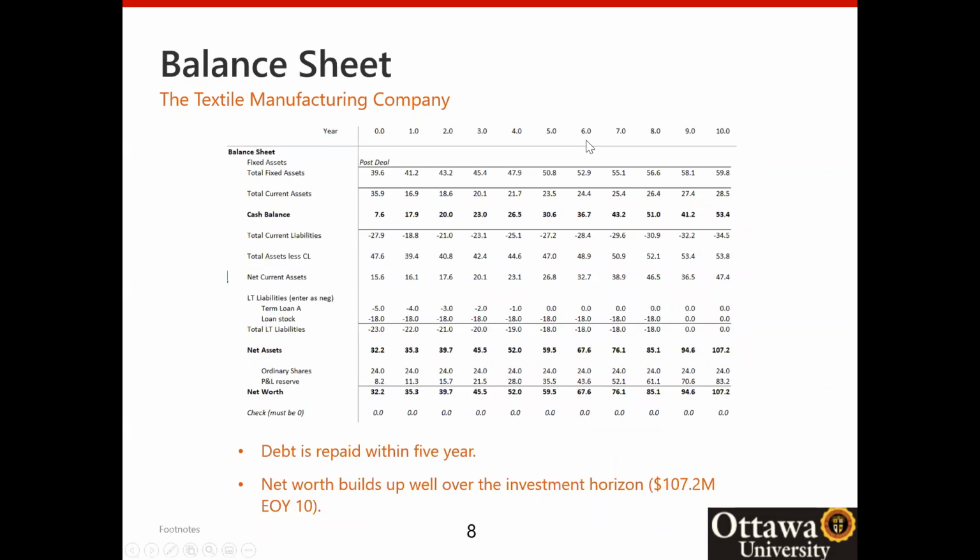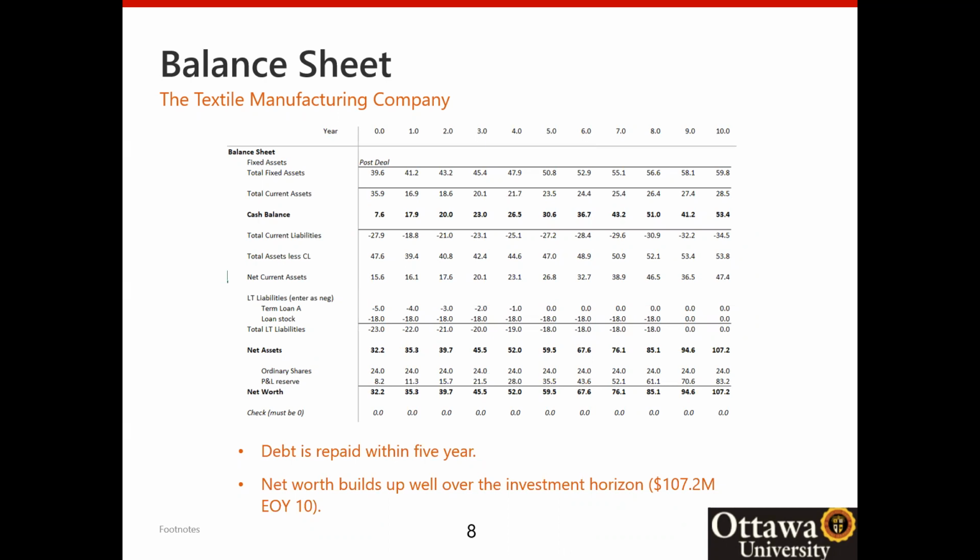On page 8, this is the balance sheet performance. You can see that in this calculation, debt is repaid within 5 years, and the cash balance situation looks very positive.